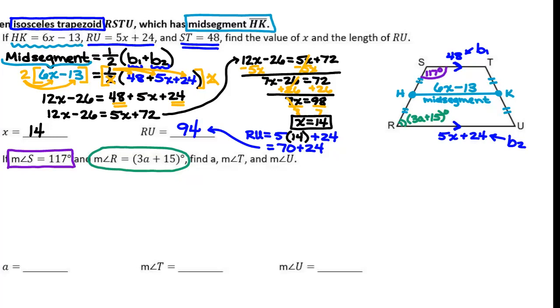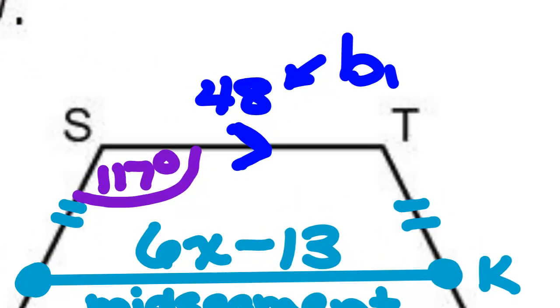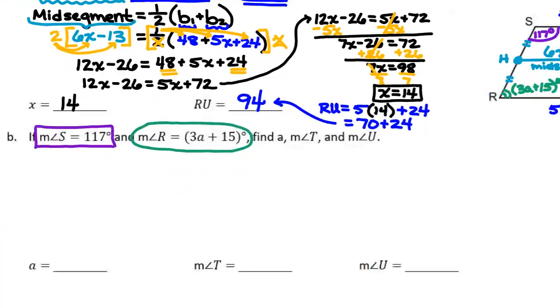Which one do you guys want to do first? T is easy. Why is T easy? Yes, S and T are both touching base 1, so these are base angles. And the base angles on a trapezoid are congruent, so angle T would also be 117 degrees.